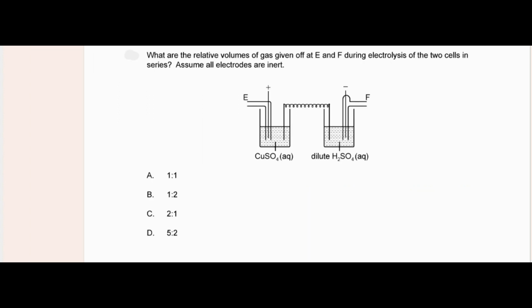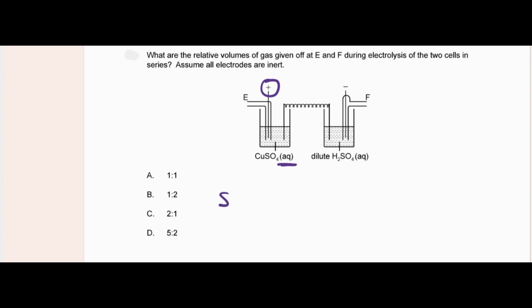What are the relative volumes of gas given off at STP during electrolysis of the two cells in series? Assume all electrodes are inert. So looking at the positive electrode, starting off with that, we'll be picking the negative ions. So which negative ions are we in between? Because it's an aqueous solution, we've got water involved.